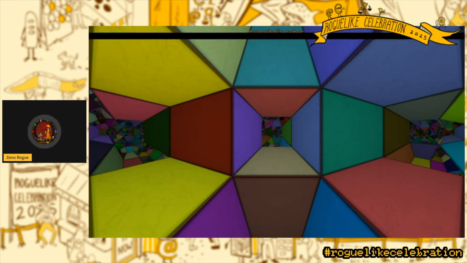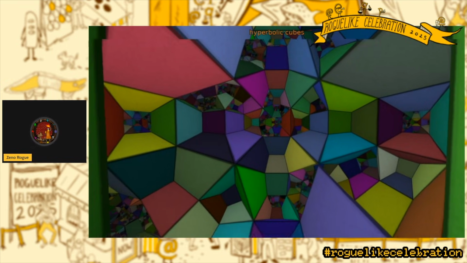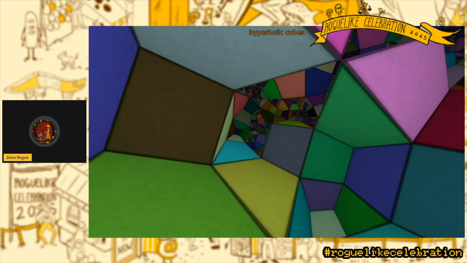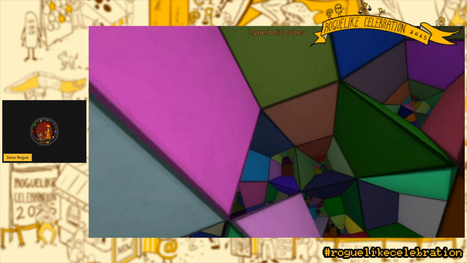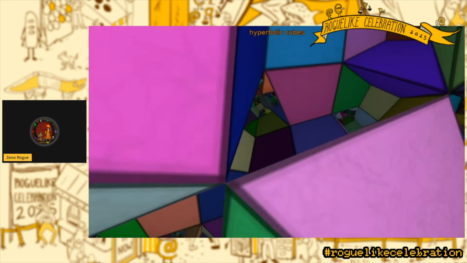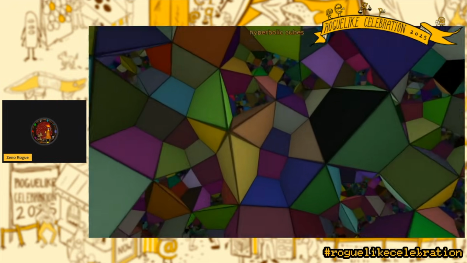We can also have three-dimensional hyperbolic geometry. So this is, for example, an example of a three-dimensional hyperbolic honeycomb. It looks a bit like Minecraft, right? You have these cubes, but they are hyperbolic cubes. They are not actually cubes, as Lovecraft said in Call of Cthulhu.